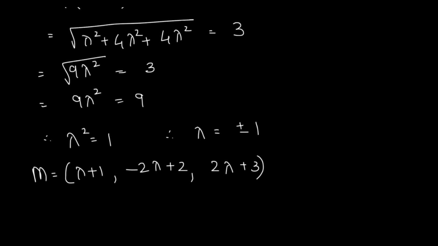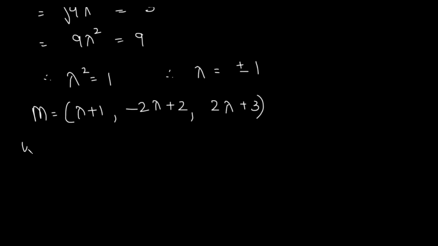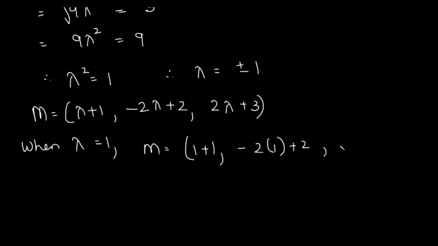So when lambda is equal to 1, M becomes 1 plus 1, minus 2 into 1 plus 2, and 2 into 1 plus 3. So this becomes 2, minus 2 plus 2 which becomes 0, and this becomes 5. So these are one set of coordinates for M.